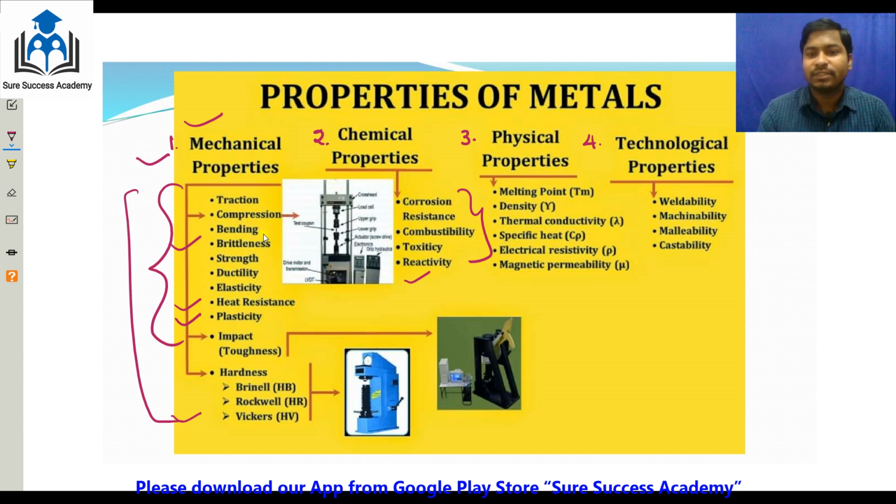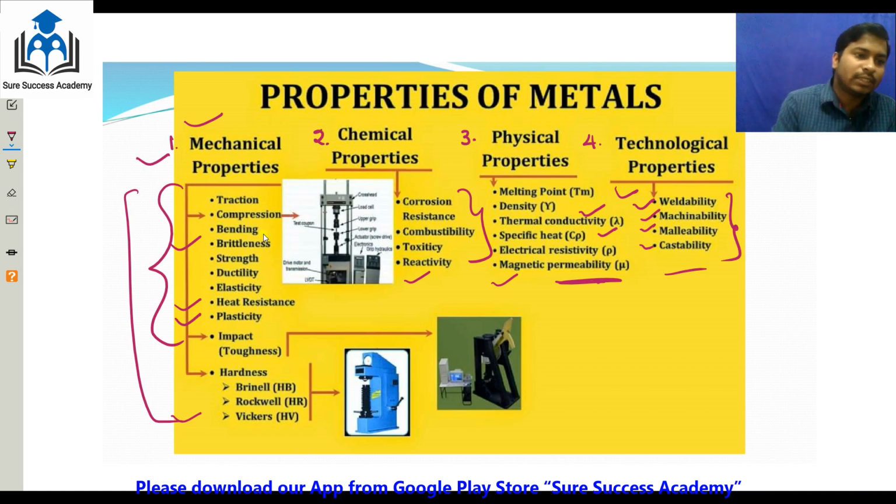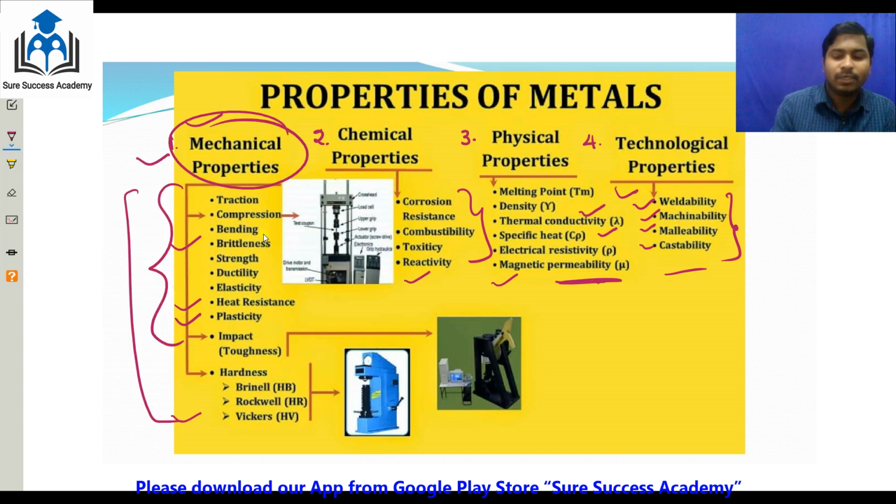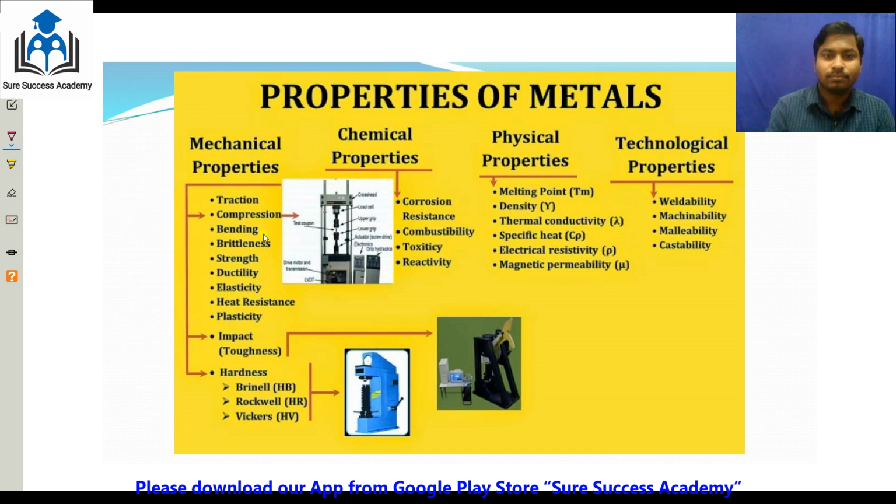Similarly, physical properties are melting point, density, thermal conductivity, specific heat, electrical resistivity, and magnetic permeability. The technological properties are welding, machinability, malleability, and castability. But as per our syllabus, our interest is mechanical properties.